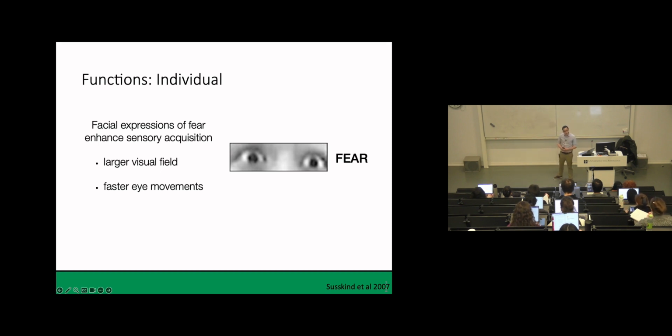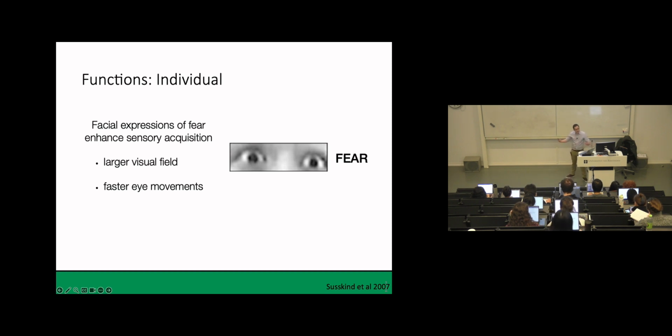In addition, they were able to move their eyes faster. This is consistent with the idea that facial expressions of fear enhance sensory acquisition, the idea that we need to quickly decipher what's happening in the environment and respond to it effectively. So this expression has adaptive affordances, such as being able to detect things in your environment faster.